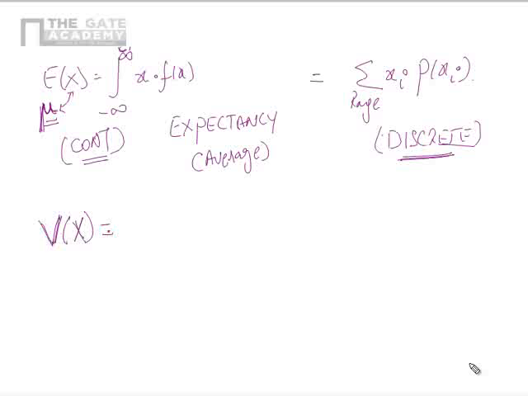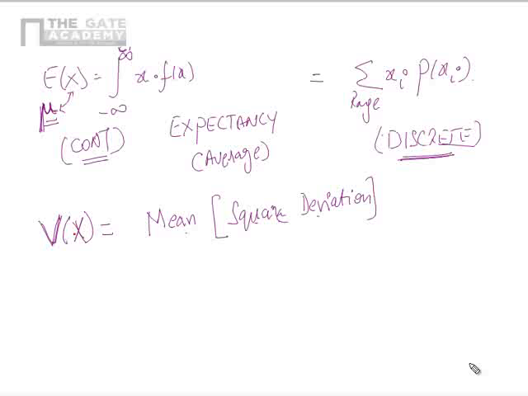By definition, it is the mean of the square deviation. Correct? That means if I find the deviation, square it and take the mean of it, I will get the variance.